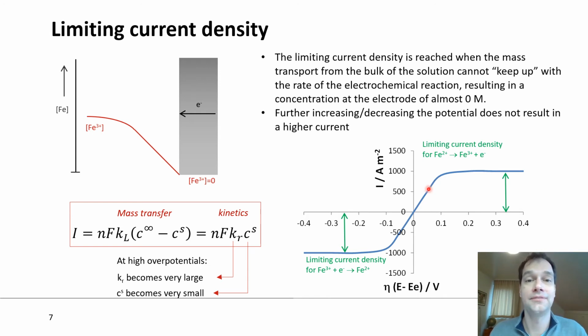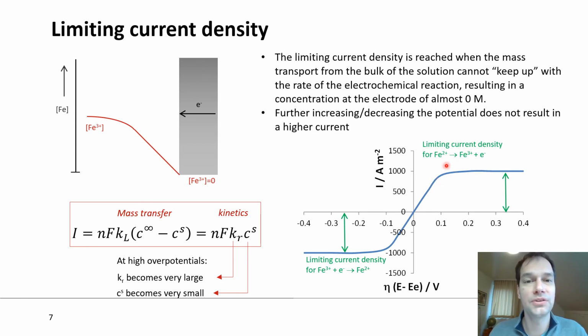Why is that? Because then our kinetics are improving. We increase the potential, so we have a higher overpotential, hence, according to the Butler-Volmer equation, faster reaction kinetics. But we reach a certain point where this starts leveling off.